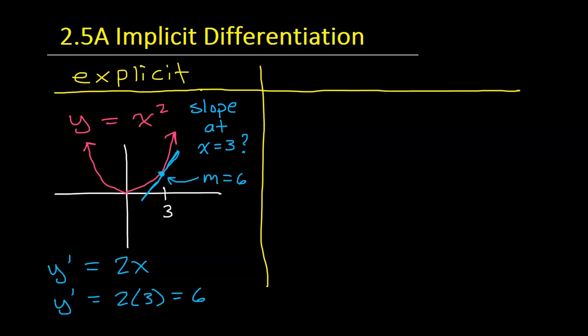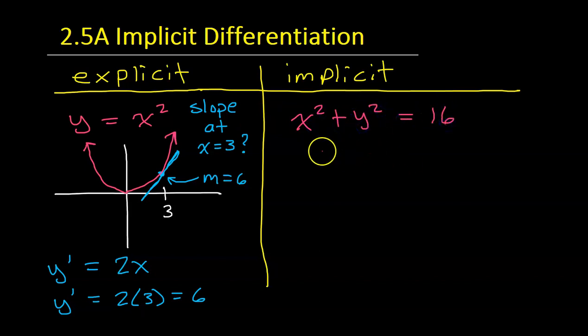Now, there are other types of equations that you are very familiar with that don't quite work like this. And these are called implicit equations, implicit functions. So here's an implicit formula: x squared plus y squared is equal to 16.